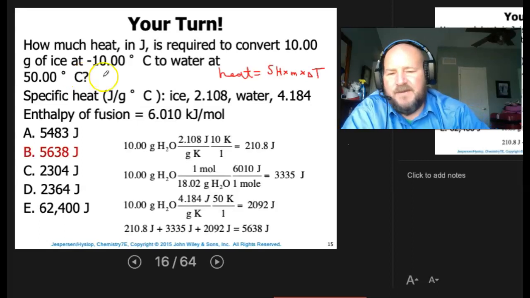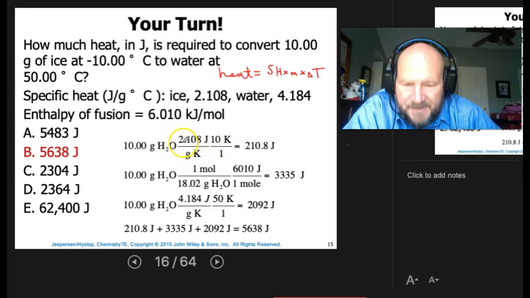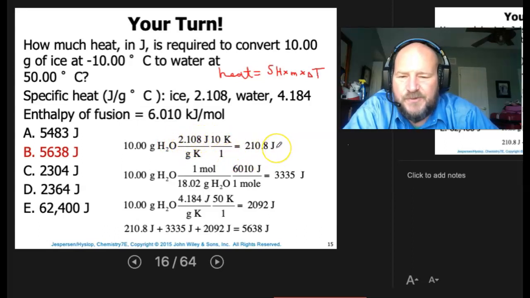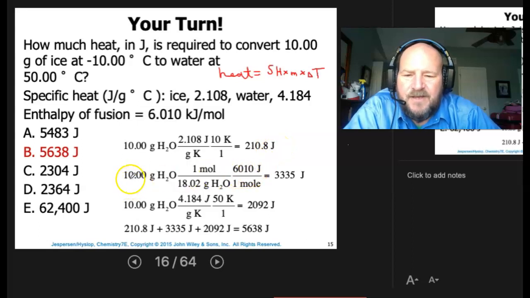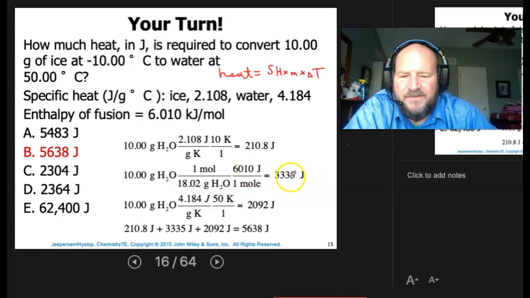So we took 10 grams of water. Now remember, this is going to be as ice, so we're going to use the specific heat of 2.108. That gave us 210.8 joules. Then we're going to take the 10 grams of water, convert that to moles using the heat of fusion. That gave us 3,335.